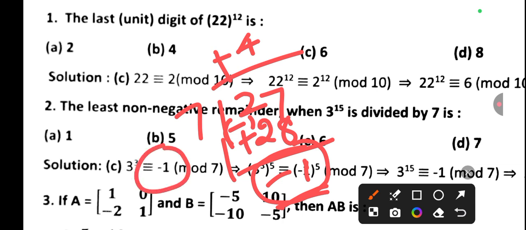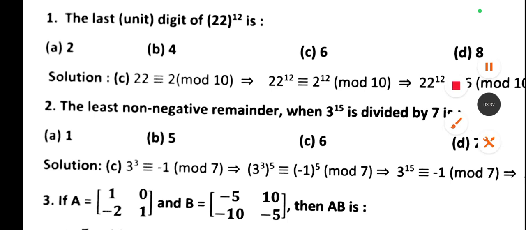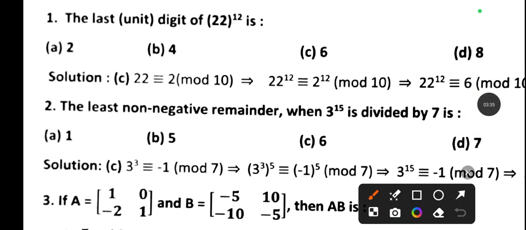Sir, how do I know to get the remainder minus 1? Our ultimate target is getting the remainder 1 or minus 1, children. When we do 3 cube, 27, it was closer. 3 square, 9, is not closer. We are not getting remainder 1 or minus 1 either way. Understood? Only 3 cube is important, 3 cube minus 1, you found.